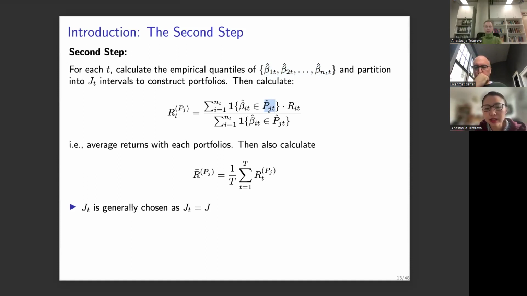So it is the J-th portfolio's interval. Verbally, this just means that once we decide on a portfolio, we take an average of the returns within that portfolio. If you select, for example, the high beta group, this is the return for the high beta group.